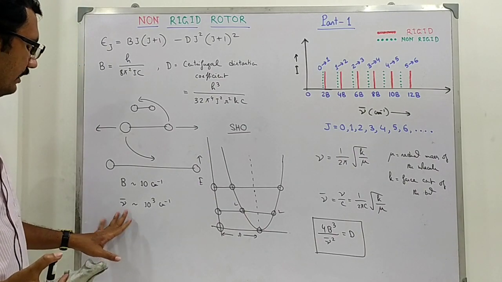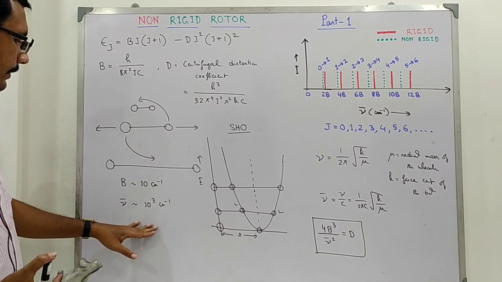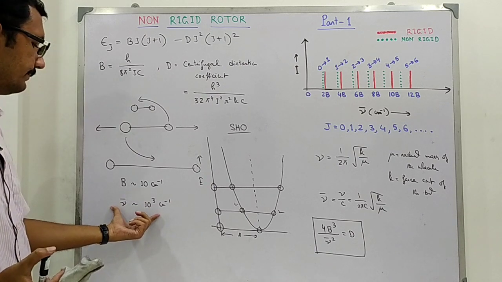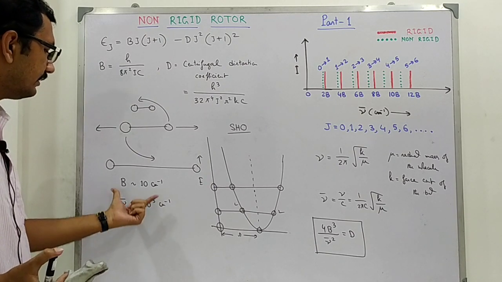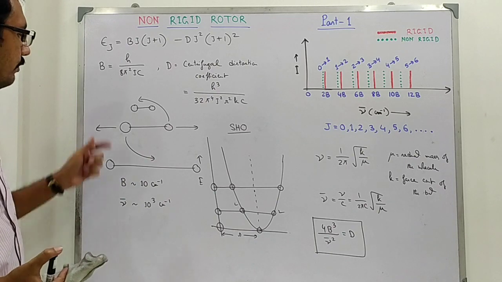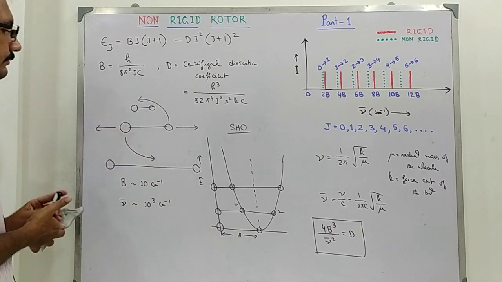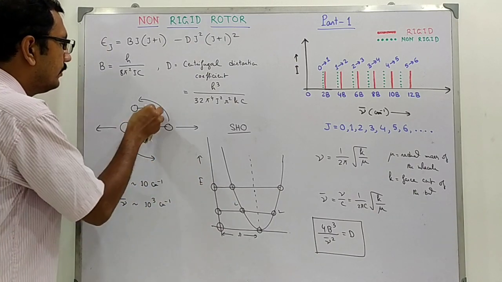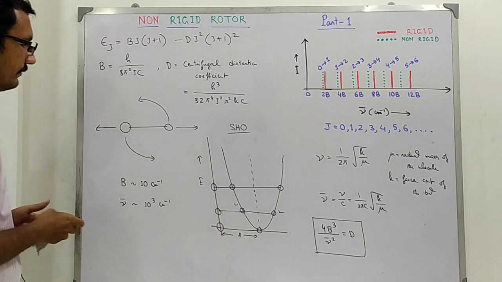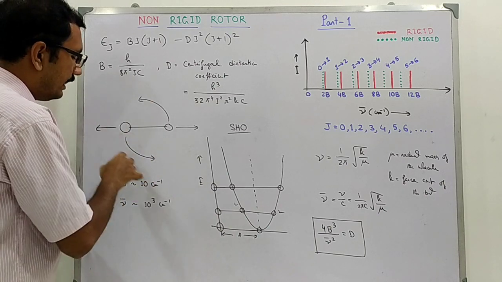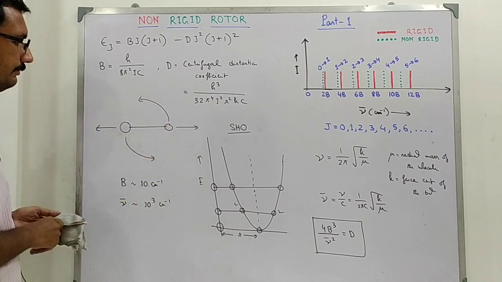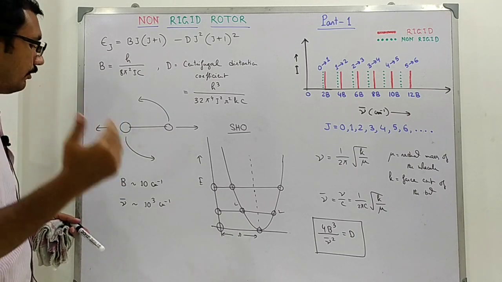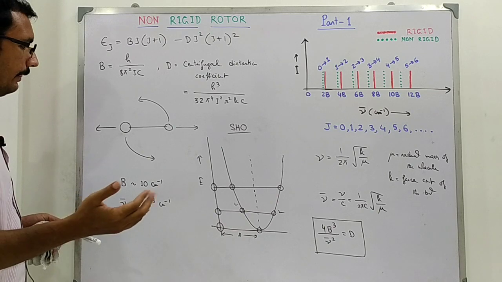Now, what does it indicate? The extent of vibration is much greater than the extent of rotation. So, while executing a single rotation, these values are indicating that it will vibrate of the order of 1000 times greater.